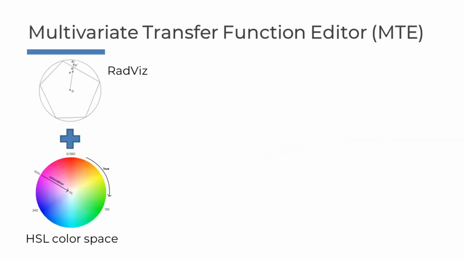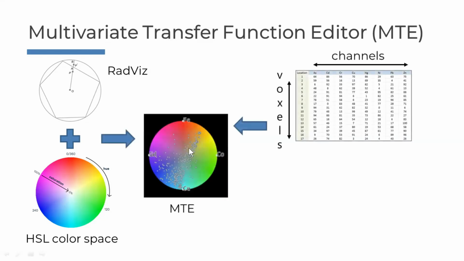So how do we use RadVolViz in this display? Basically, we'll have this multivariate transfer function editor, MTE, we call it, but we basically do this RadVolViz display, and we fuse it together with an HSL color space. We fuse that together, and this becomes this MTE.